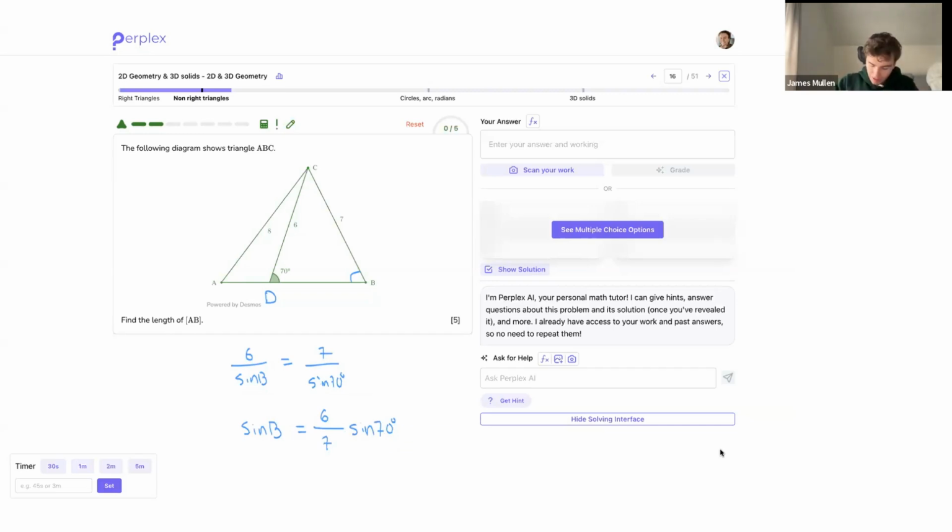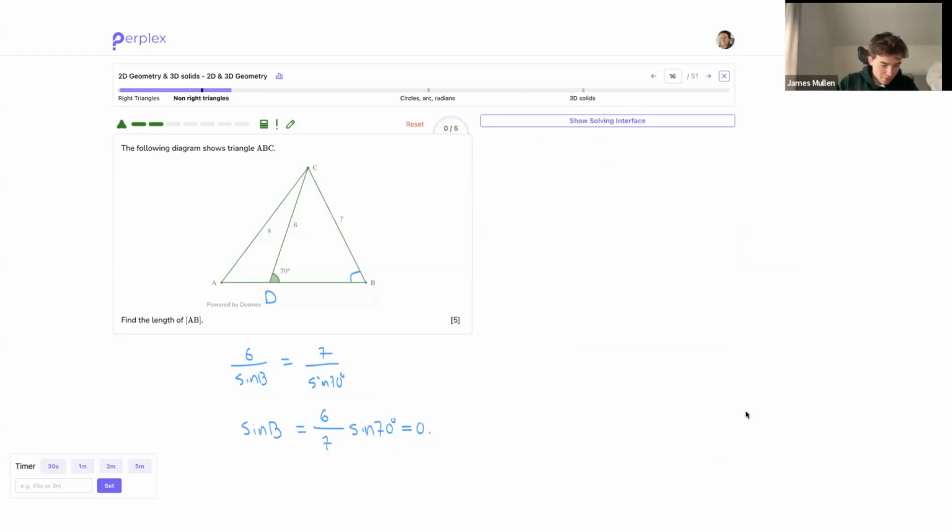And if I actually calculate that on my TI-84, I'm going to get 0.805451. We'll just keep it exact for now. And then if I take the inverse sine of that, so I do sine negative 1, that means that B is going to be equal to 53.65 degrees. I'm keeping more decimal places than I need for the moment.